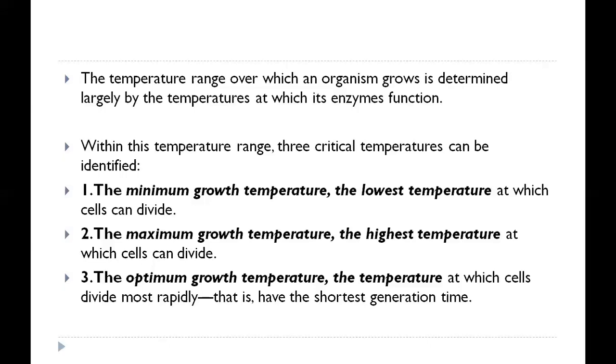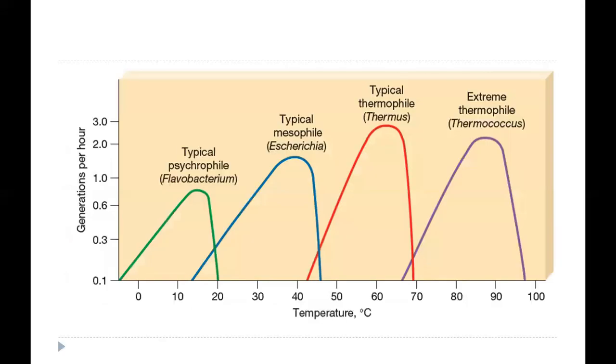So for example, you have just written down that for psychrophiles, the temperature range is between 15 to 20 degrees Celsius. By that, I mean the minimum growth temperature for psychrophile is 15 degrees Celsius. The maximum growth temperature for psychrophile or obligate psychrophile is 20 degrees Celsius, and the optimum will be somewhere around 17 degrees Celsius. Based on these three terms, you can form a curve for each category of organisms based on the temperature.